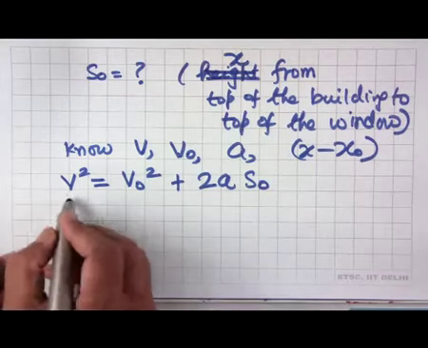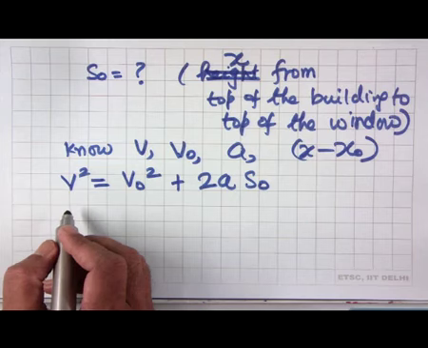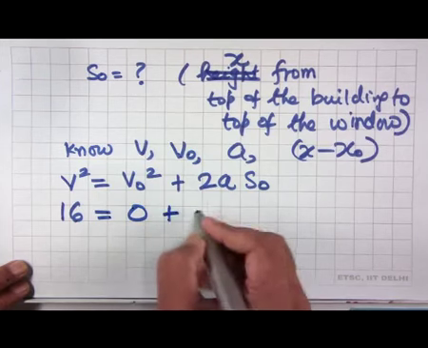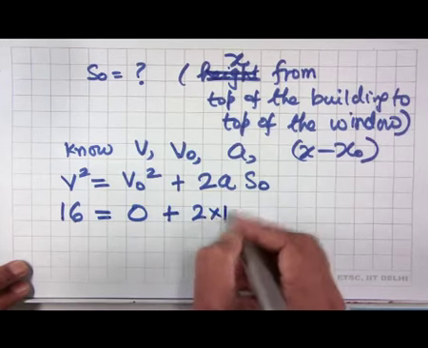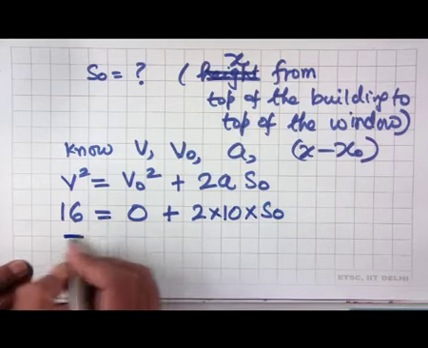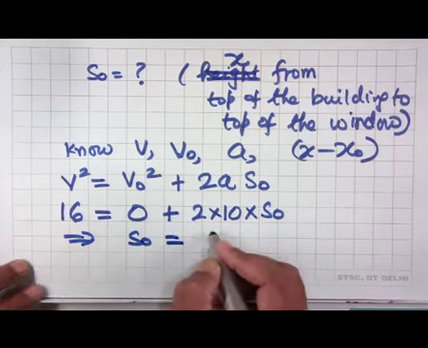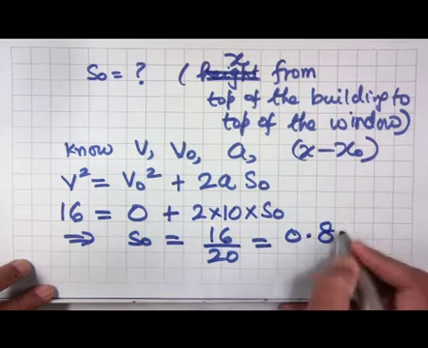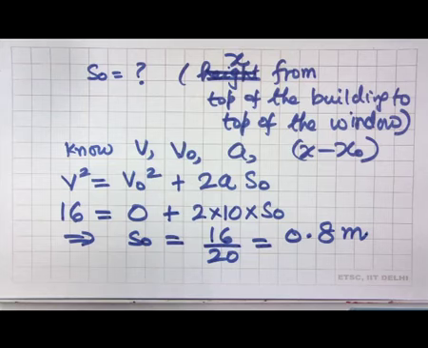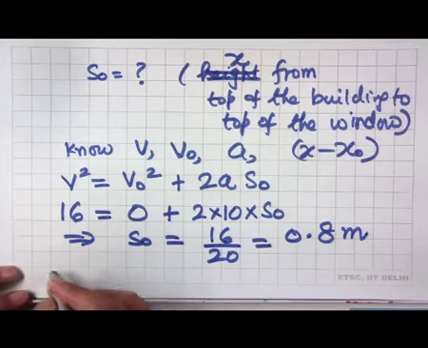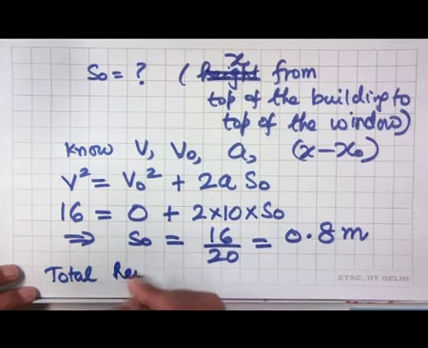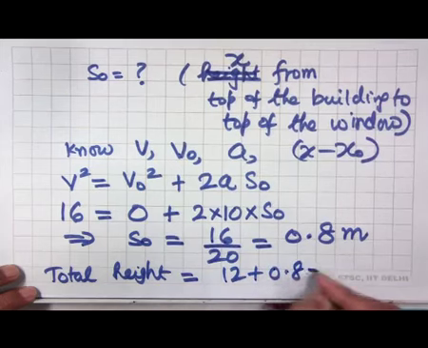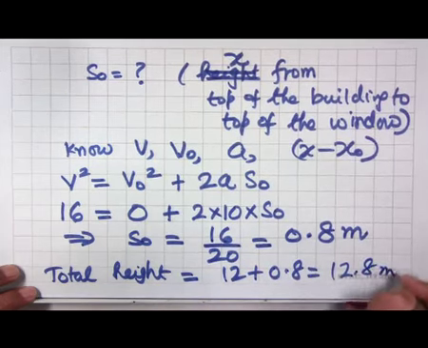Now, V square, V was given as 4, so V square is 16, this will be equal to 0 plus 2 times 10 times S0. So, from here what we get is S0 is equal to 16 divided by 20, this was equal to 0.8 meters. So, therefore, we get the total height is equal to 12 plus 0.8 is equal to 12.8 meters.